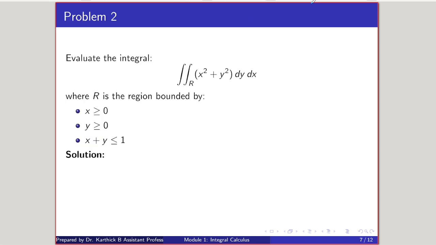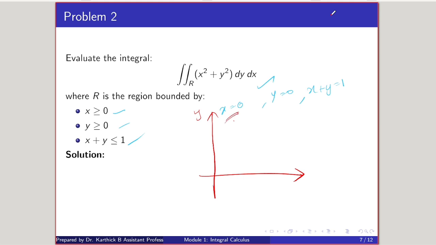The next problem, they have given a double integral. We have to evaluate this within the given region. What is the region here? x equal to 0, y equal to 0, x plus y equal to 1. So here, how may we draw the region? First thing, I may draw the x-axis, then the y-axis.